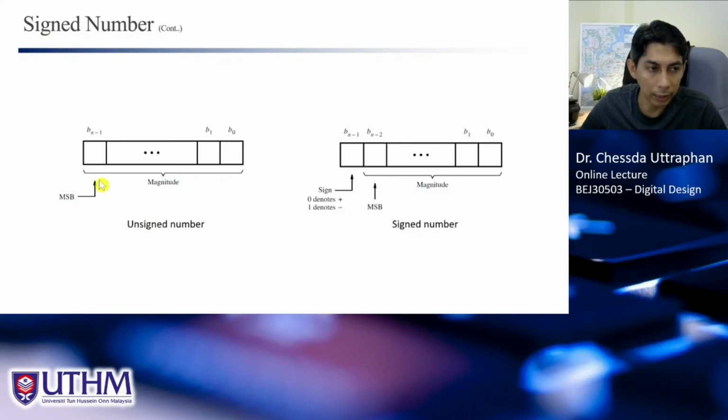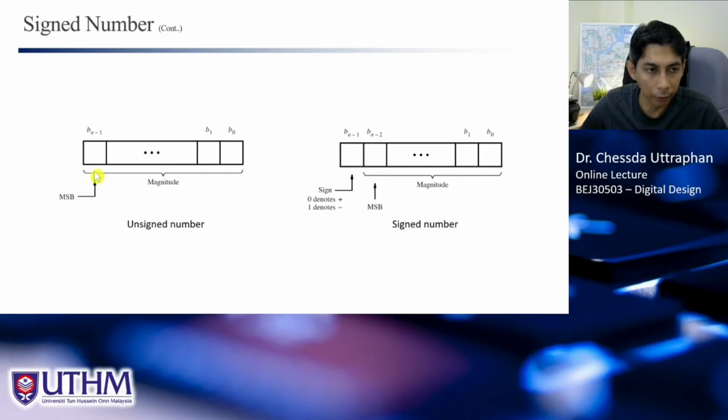The first concept is called Sign and Magnitude, where the MSB is used to indicate the sign of the number. For example, if MSB equal to 0 means that the number is positive. If MSB equal to 1, the number is negative, right?